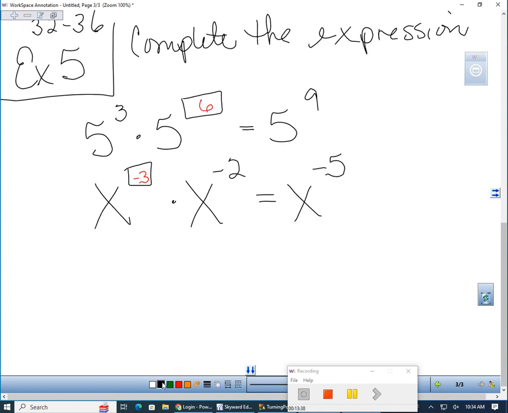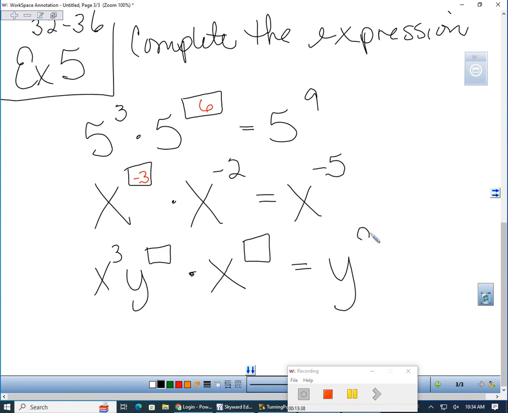Okay. How about one like this? Let's say I have x to the 3rd, y to the gray box, times x to the gray box equals y to the 9th. So now I've got 2 boxes. The boxes can be different because they're on different bases.